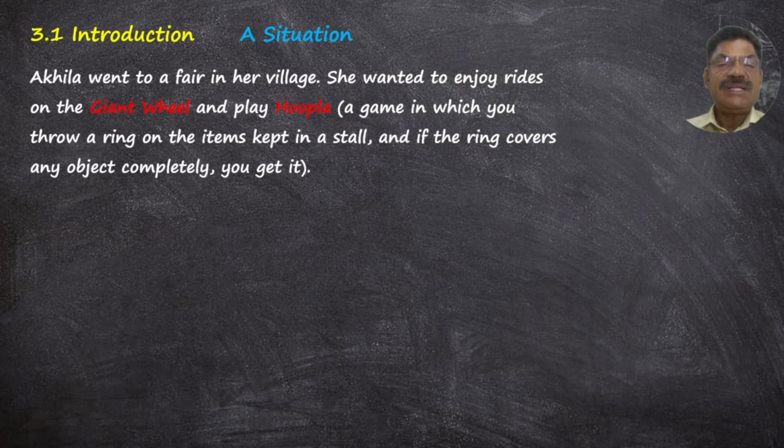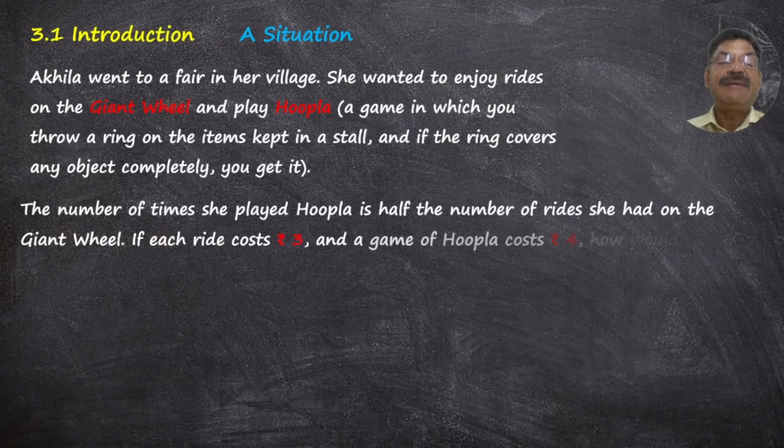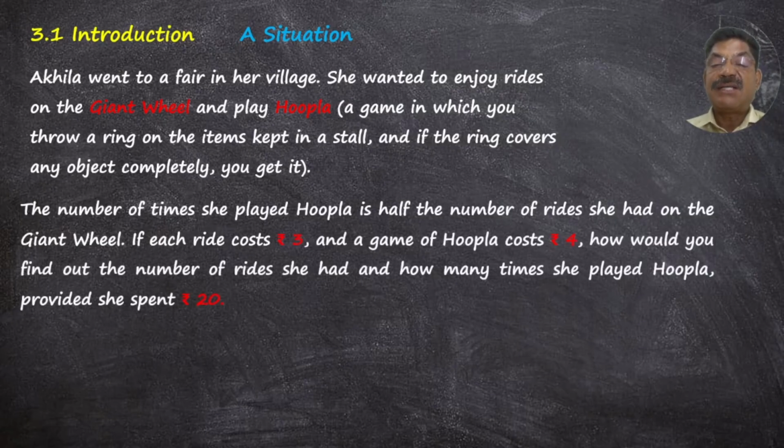Now, consider this situation. The number of times she played hoopla is half the number of rides she had on the giant wheel. If each ride costs rupees 3 and a game of hoopla costs rupees 4, how would you find out the number of rides she had and how many times she had played hoopla, provided she spent rupees 20? Now we are not interested in the solution of this problem.